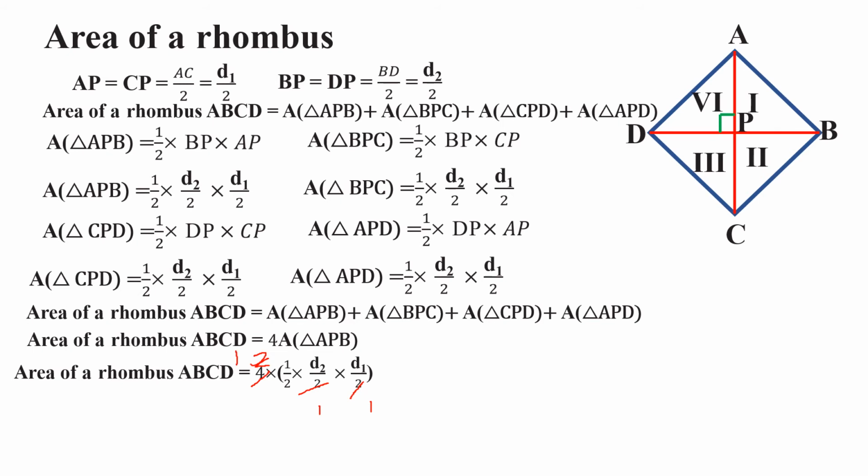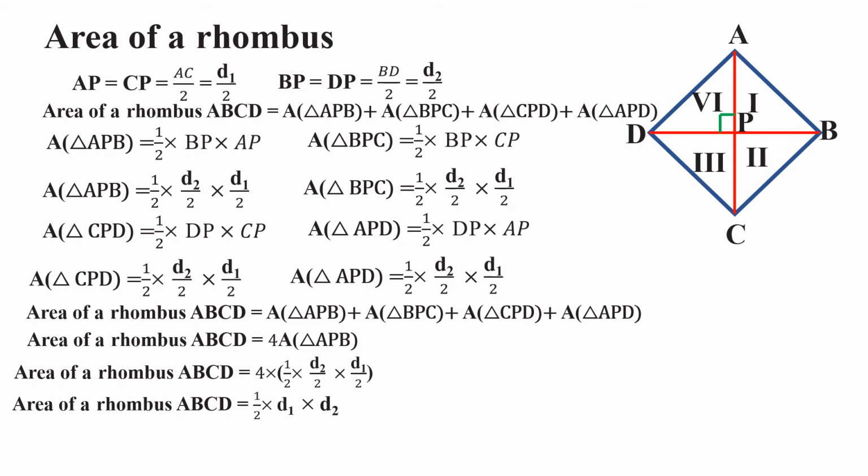This 4 and these two 2s cancel. Therefore, what remains is only 1 upon 2 into d2 into d1. So write down: area of rhombus ABCD is equal to 1 upon 2 d1 into d2.